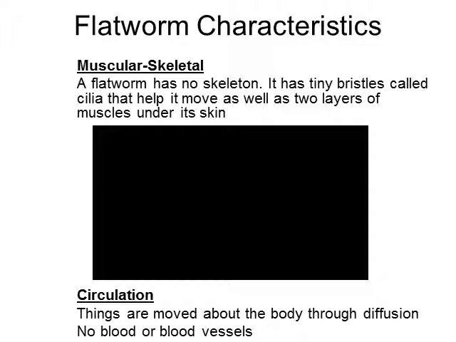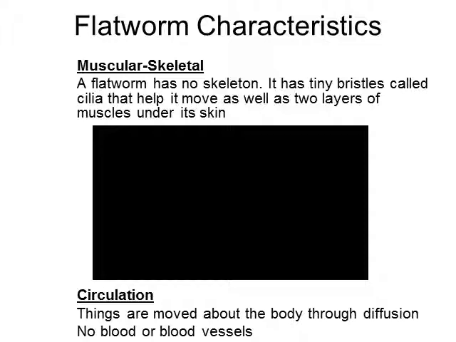But in this case, these are multicellular animals that have cilia on the belly surface, and it helps them to glide through the water. They also have two layers of muscles, which help them to move. So they can kind of swim, although not really that well. In just a moment, I'll show you a quick video of the flatworm and how it moves.